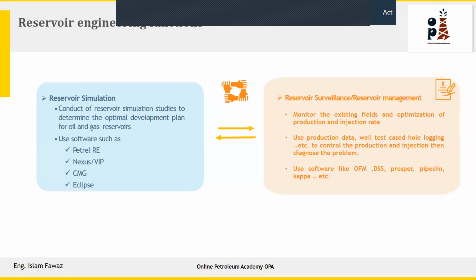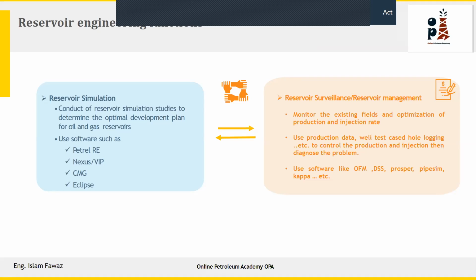A surveillance engineer typically uses analytical and empirical calculations to perform his work, using decline curve analysis, material balance, and well test analysis, and also reservoir surveillance diagnosis using production data like well tests, cased hole logging, and open hole logging to control the production and the injection, then diagnose problems. Also, we monitor the existing field and find the optimal way to optimize the production and injection rate with the aid of commercial software like OFM, DSS, Prosper, PipeSim, Spotfire, Kappa, and so on.